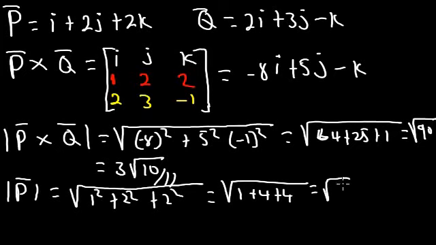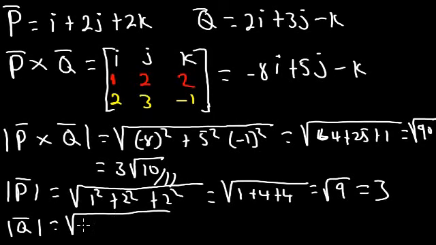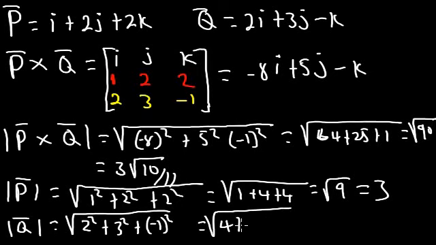And that is the root of 9, which is equal to 3. And the absolute value, which is the magnitude of q, is 2 squared plus 3 squared plus negative 1 squared, which is the same as 4 plus 9 plus 1. And that's going to be equal to the root of 14, which we can actually simplify to the lowest term.